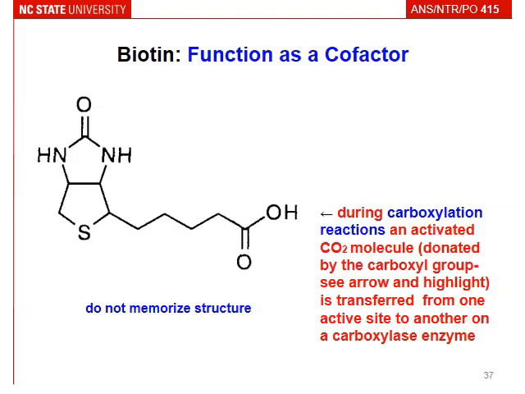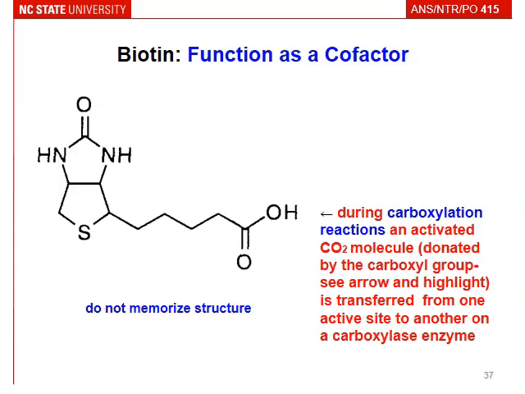So how biotin acts as a cofactor, and we saw this a little bit when we were talking about fatty acid synthesis: acetyl-CoA carboxylase requires biotin to convert acetyl-CoA to malonyl-CoA, which is a rate-limiting step in fatty acid synthesis.